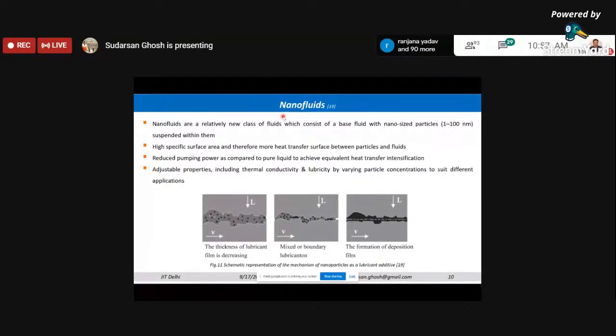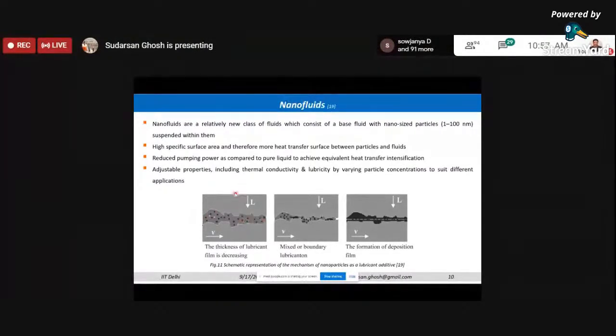This figure explains how the lubricity can be improved by the use of nanofluids. If you see these tiny particles over here, these are basically the nanoparticles, and these nanoparticles are suspended in a medium which is mostly a fluid medium. So this fluid medium is carrying these nanoparticles.